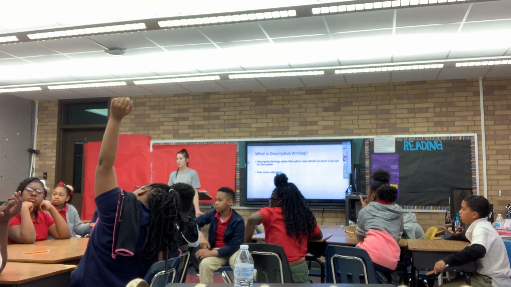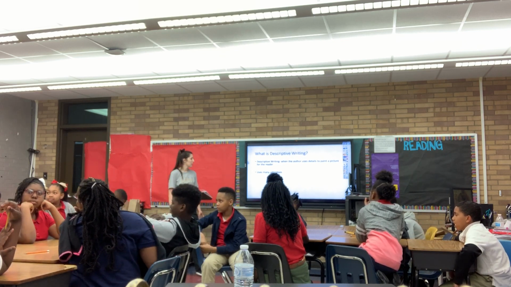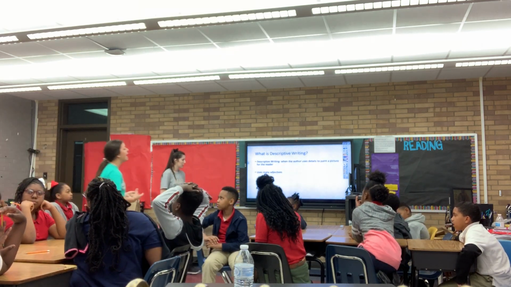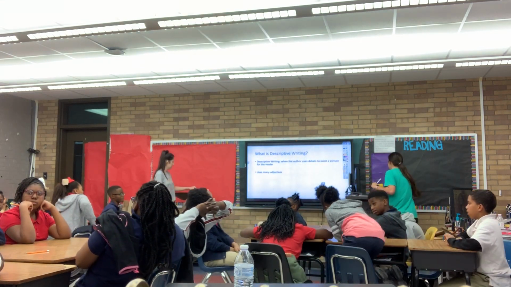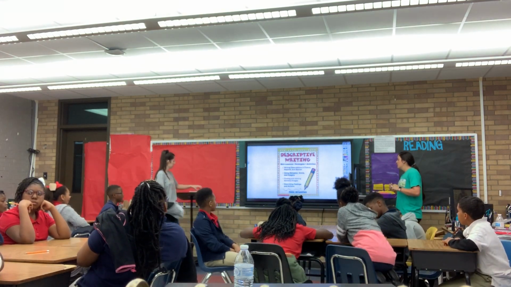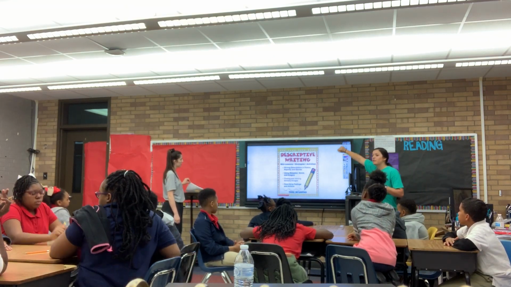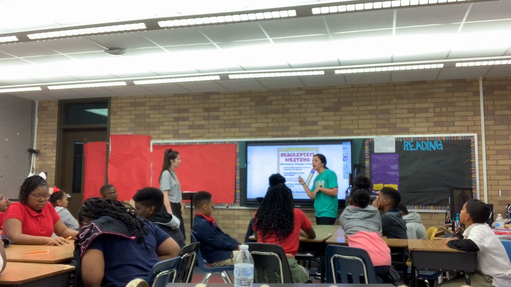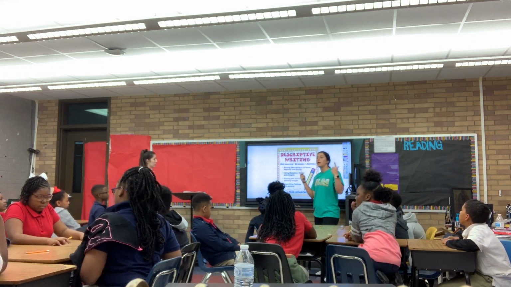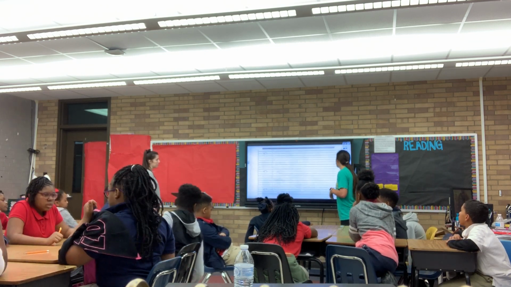And you're also going to use a lot of adjectives. We know what adjectives are, right? Yes. They're describing a noun. So you're going to use a lot of adjectives in your descriptive writing to make it super interesting and super descriptive. You can use similes and metaphors. We've learned about that, right? Yes. And then we know what imagery is, right? Imagery is like painting a picture for your reader. So we're going to do that whenever we're using descriptive writing.